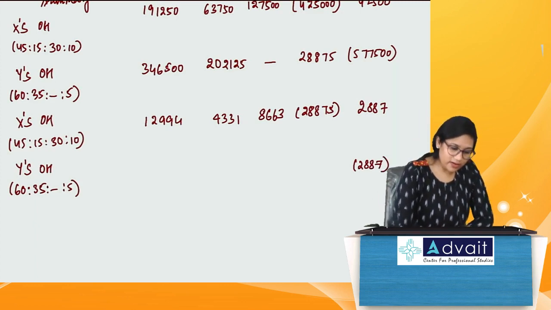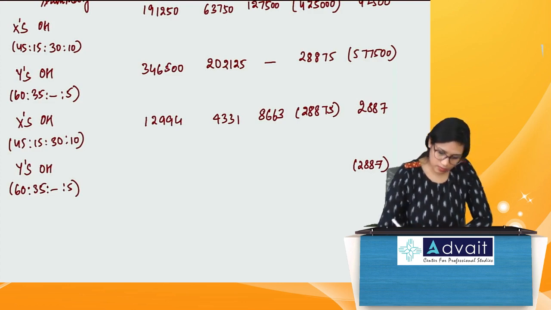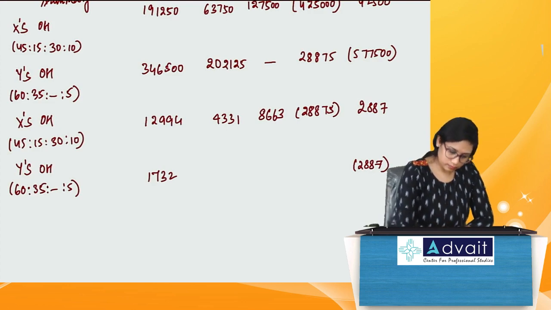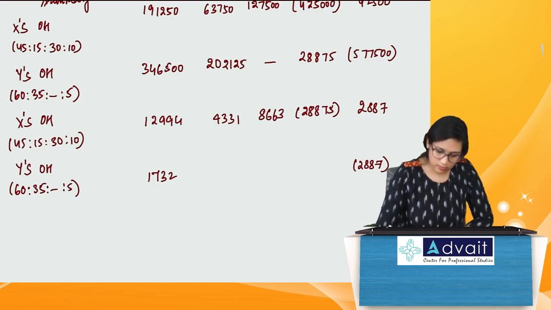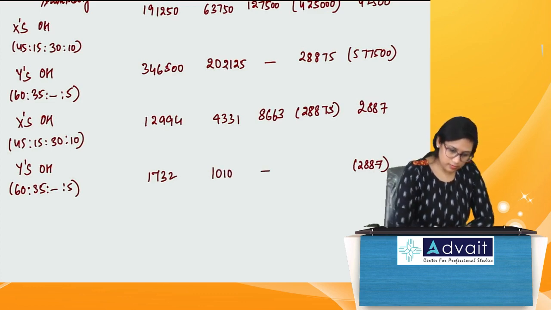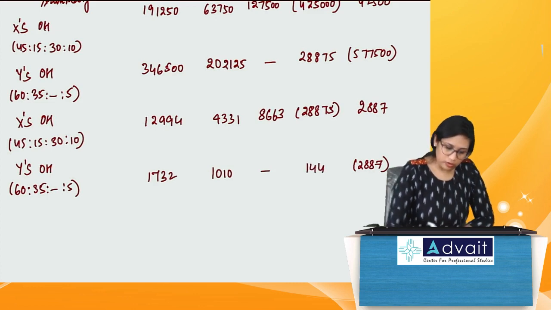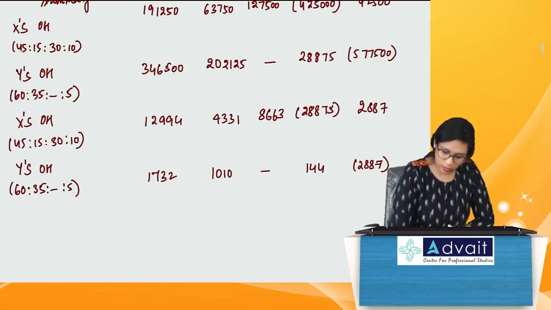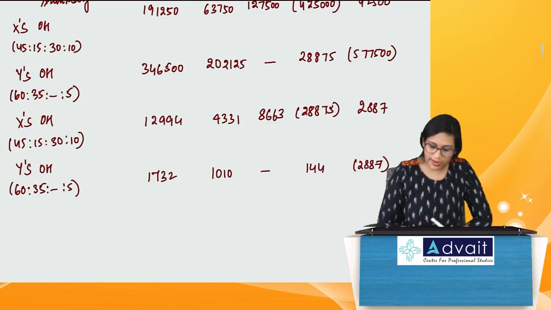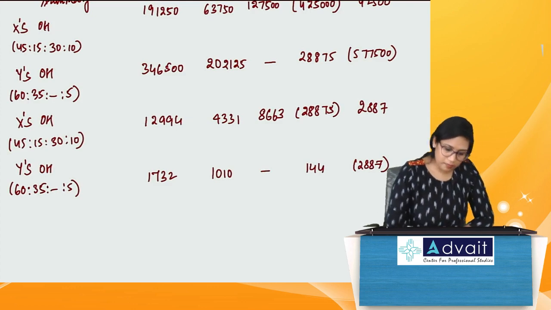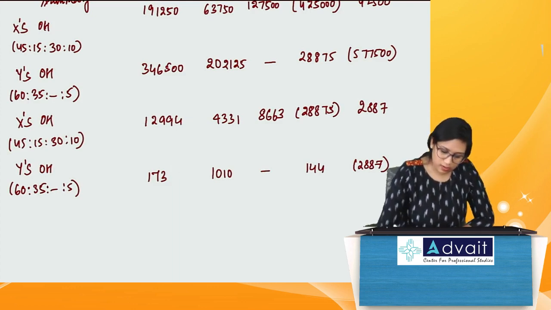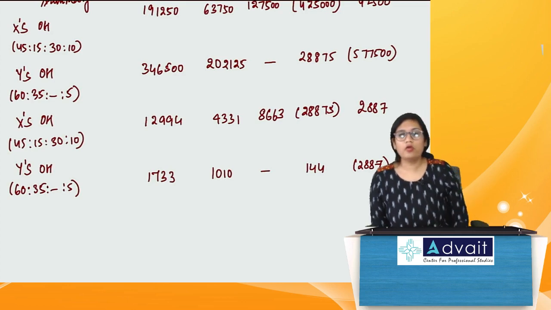So 2887 into, you get 1732. 1010. C will be nil. This will be 144. Check the balances, guys. 144 plus 1010 plus 1732, I am getting 2886. Let me make the first one 1733. 1 rupee difference.